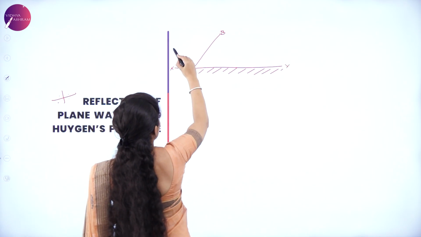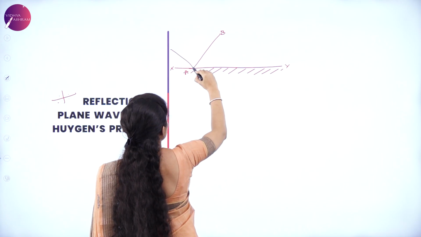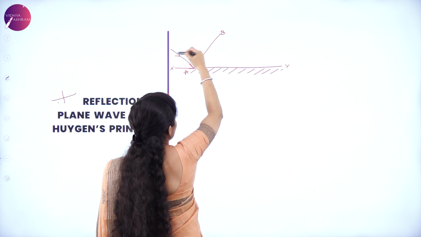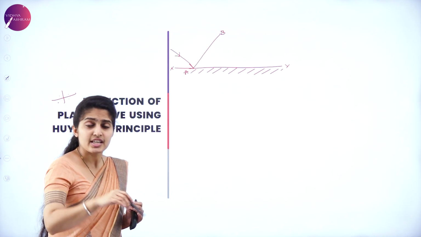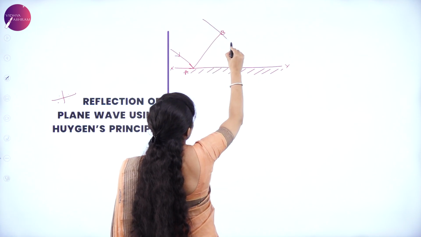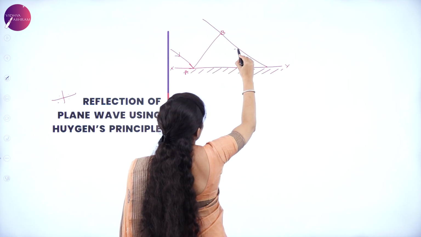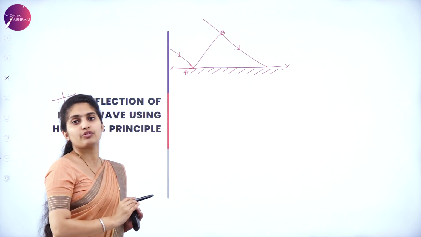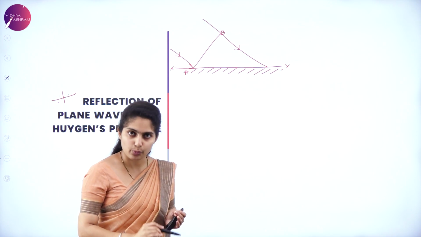Suppose there is an incident radiation given at this point. A is one incident radiation, B is another point of incident radiation. Just extend the line of B. Here it is incident; the arrow marks tell that it is hitting the surface XY.